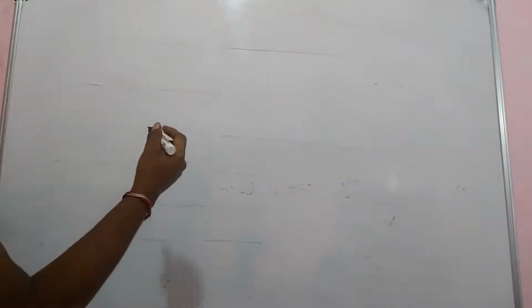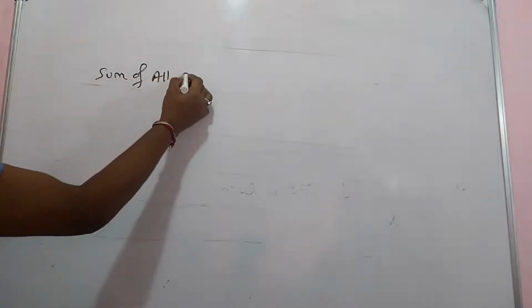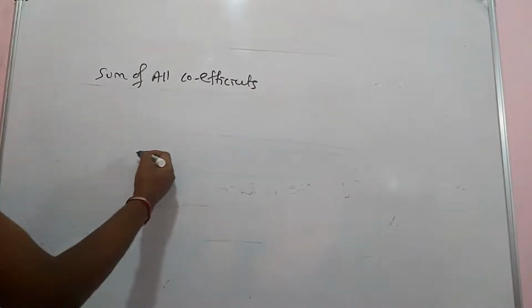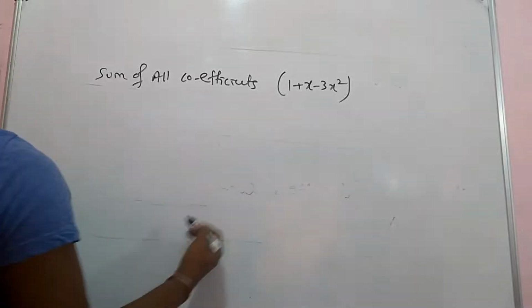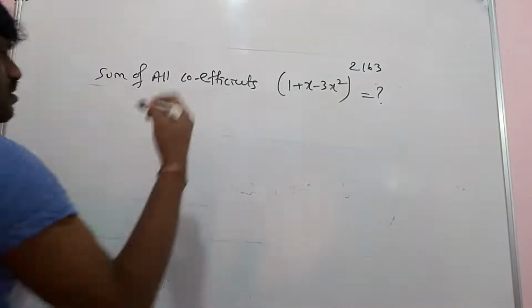it is saying that the sum of all coefficients of (1 + x - 3x²)^2163 is how much?